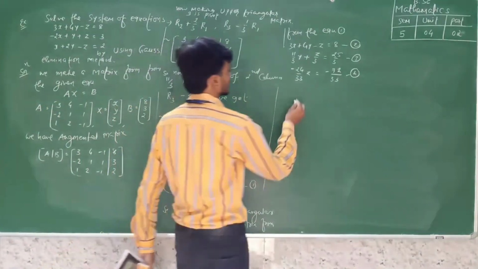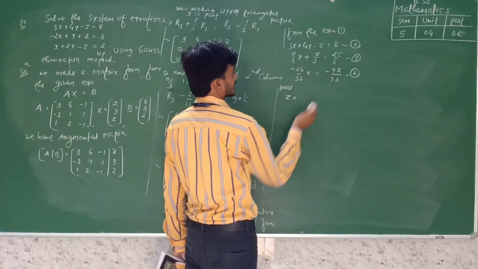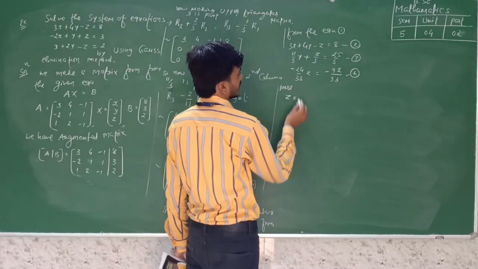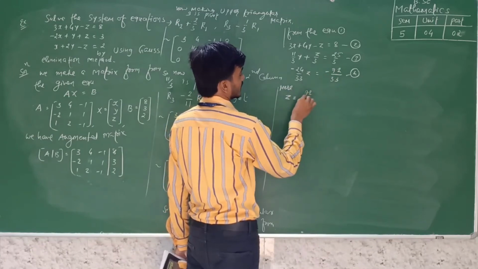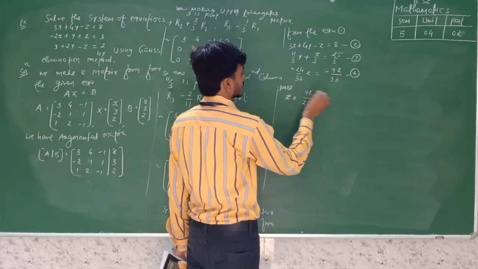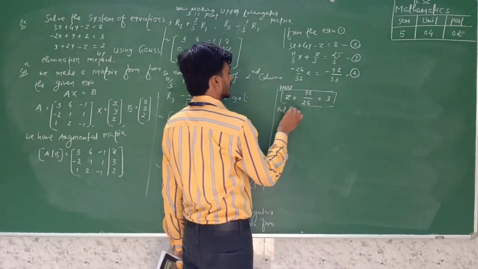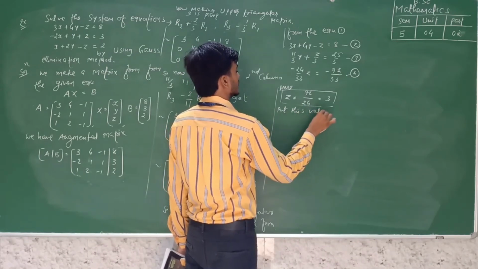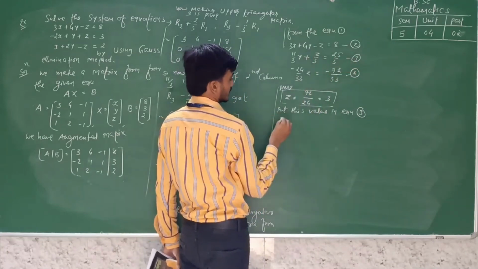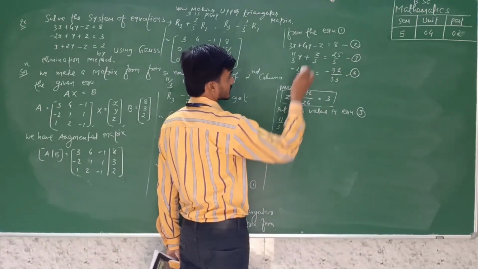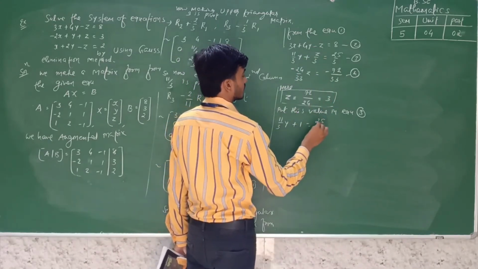Now we can easily solve these equations. So z is equal to minus minus plus, 33 cancels, 72 upon 24, that means z is equal to 3. Put this value in equation 2: 11 by 3 y plus 3 into 3, that means 1, is equal to 25 upon 3.